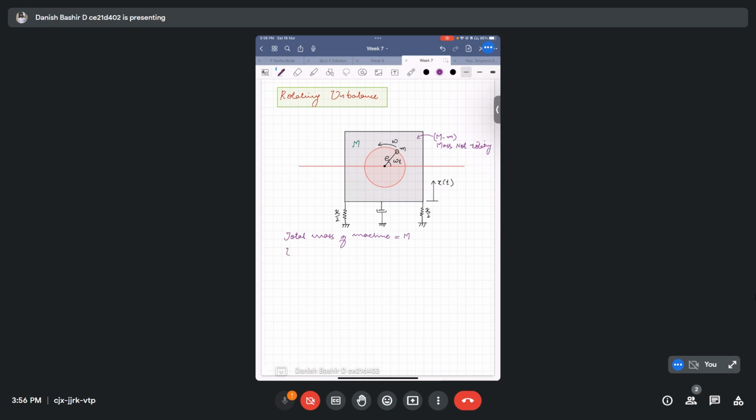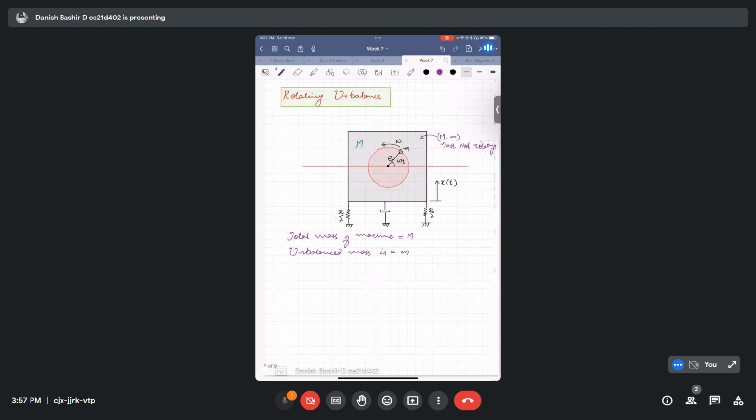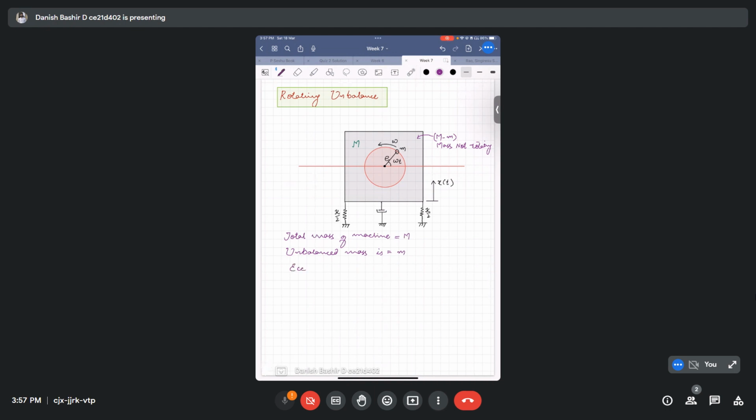Unbalanced mass is small m. Eccentricity is e, and angular velocity is omega, with which this unbalanced mass is rotating.